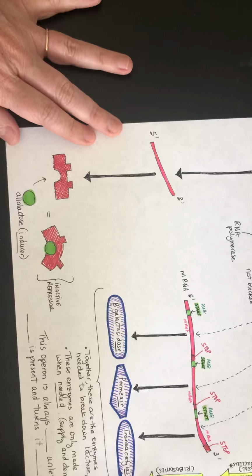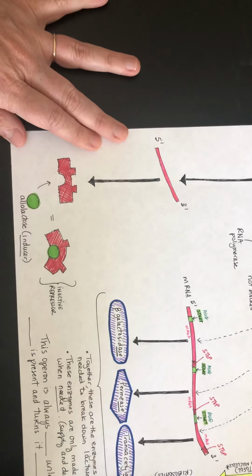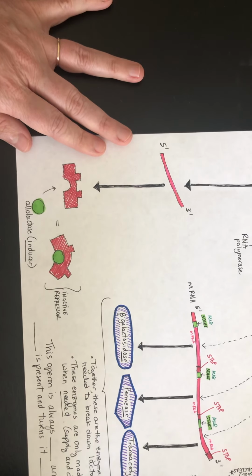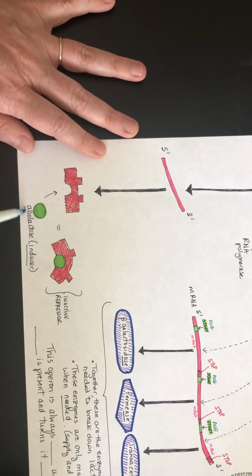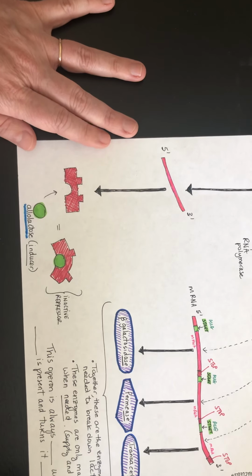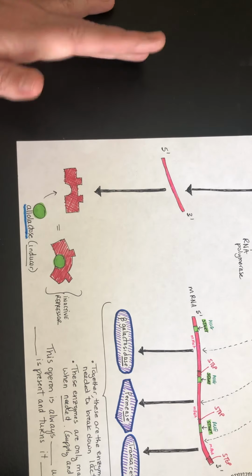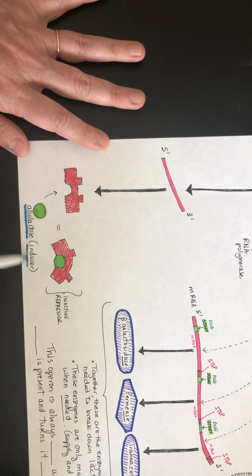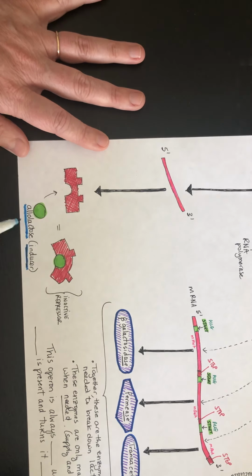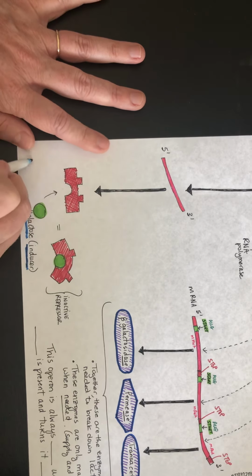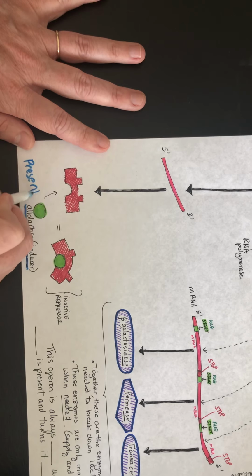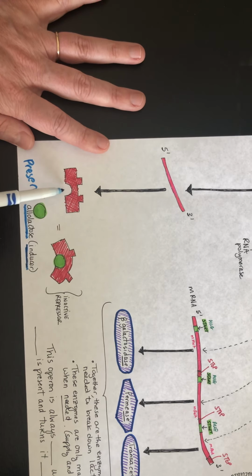And over here in the corner, this is where the shifting and the processing is going to happen. Our green dot here, looks like a little green pea, is our allolactose, which is a very similar form of lactose. And we're going to call him our inducer, okay? Because when he becomes present, he will be able to bind and fit perfectly into our repressor protein.